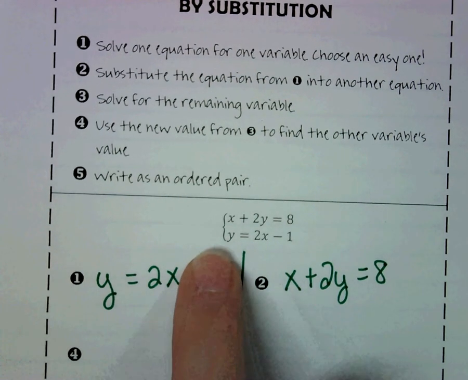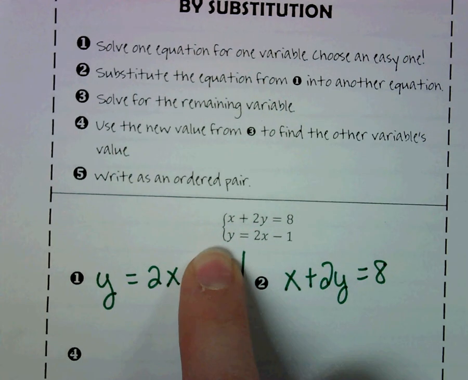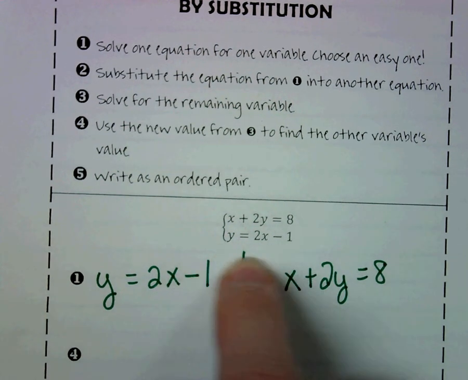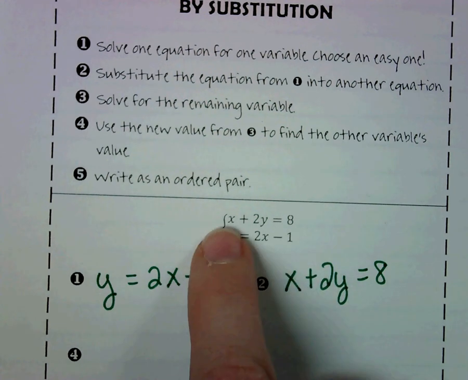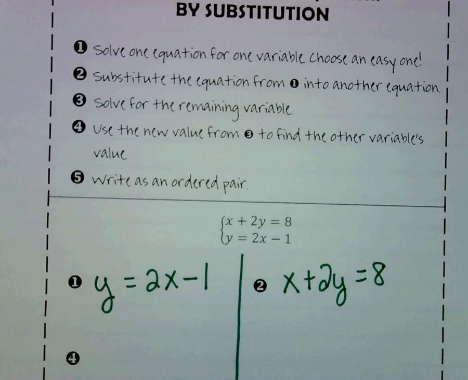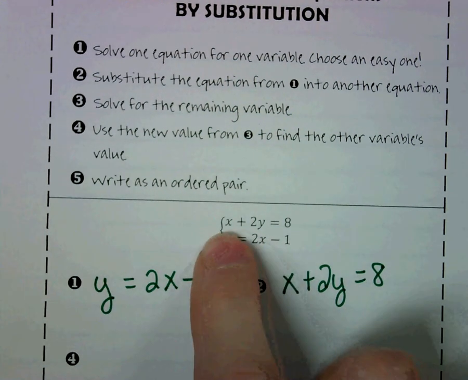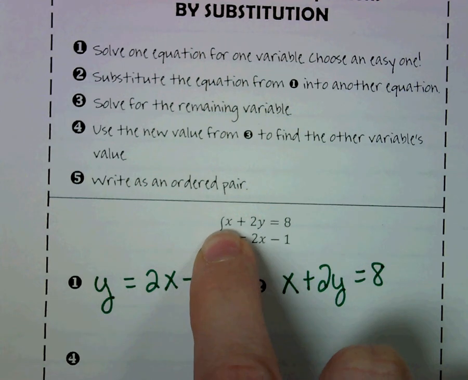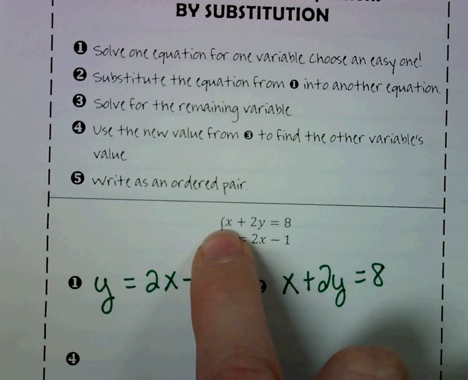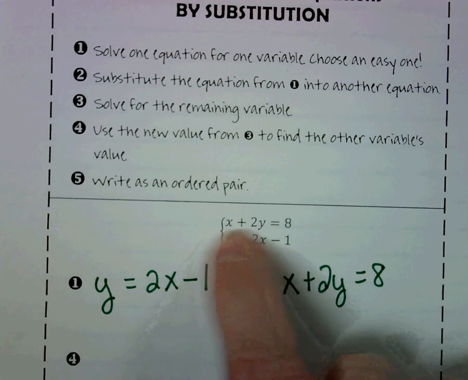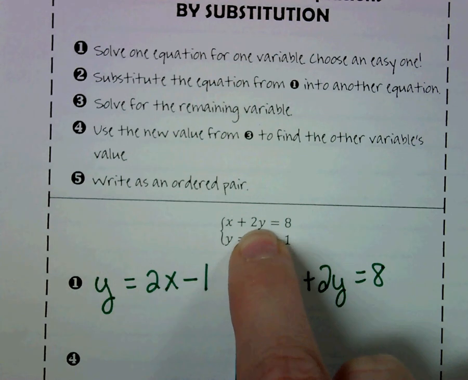But one thing I want to point out is if I didn't already have a variable solved for, what variable do you think would be easiest to solve for? I hope that you're recognizing it would be easier to solve for maybe this x. This y is already solved for. This x is easier because the y has a coefficient of 2.